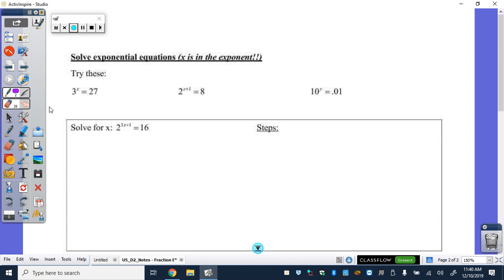Yeah, 3 to what power? 3 to the third. So if I rewrite 27 as 3 to the third, I now have the same base, a base of 3 on the left side and a base of 3 on the right side. So the rule is once your bases are the same, your exponents are equal to each other. So x would just equal 3.